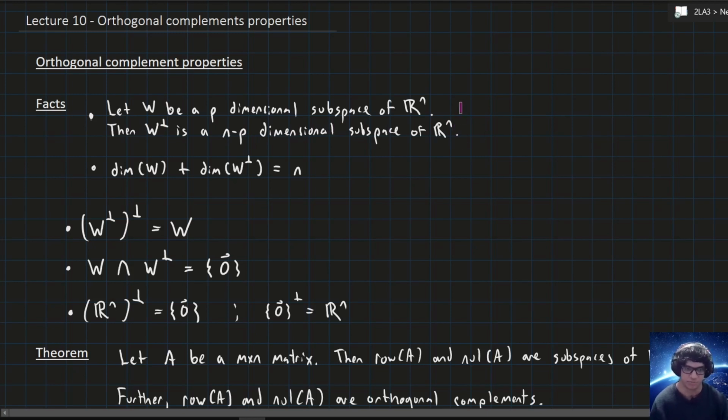Proving this is a straightforward thing, basically invoking the rank nullity theorem and looking at how you compute the basis of a null space. So that's a good exercise to prove this. And along with that, we know that the dimension of W plus the dimension of W perpendicular is equal to n, the dimension of the space that they're in. So this fact goes along with the first fact.